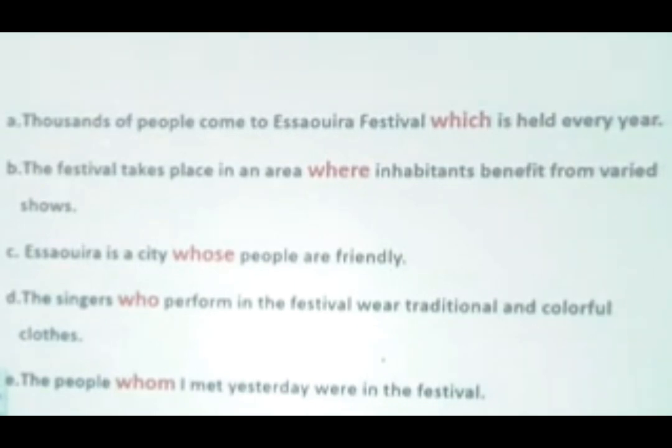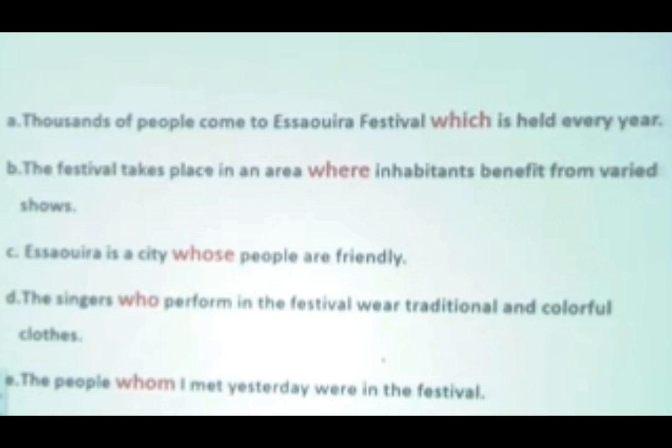For sentence number one, you can say thousands of people come to Essaouira festival, which is held every year. So which is, we are talking about the festival, Essaouira festival, which is held every year. The relative pronoun refers to Essaouira festival.